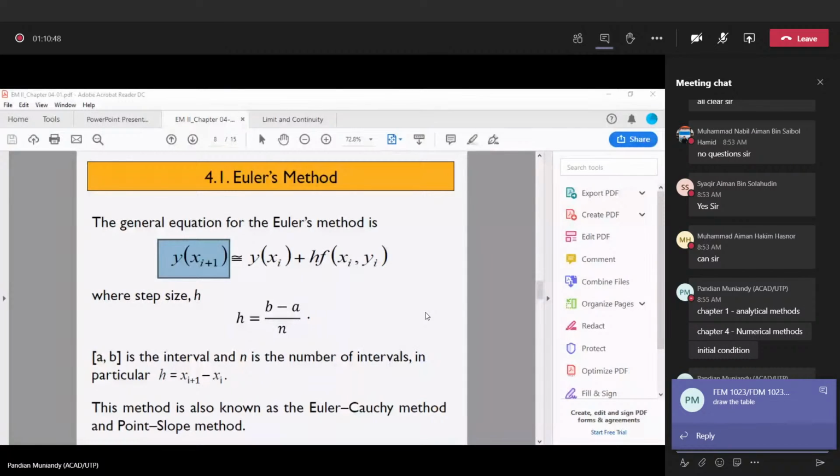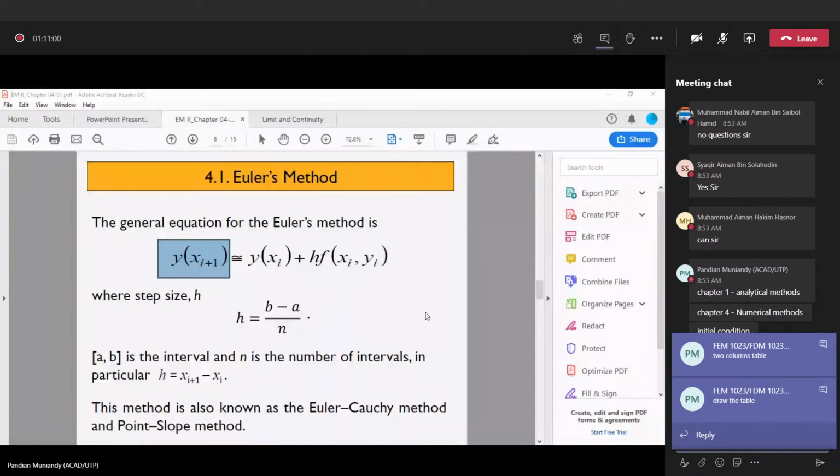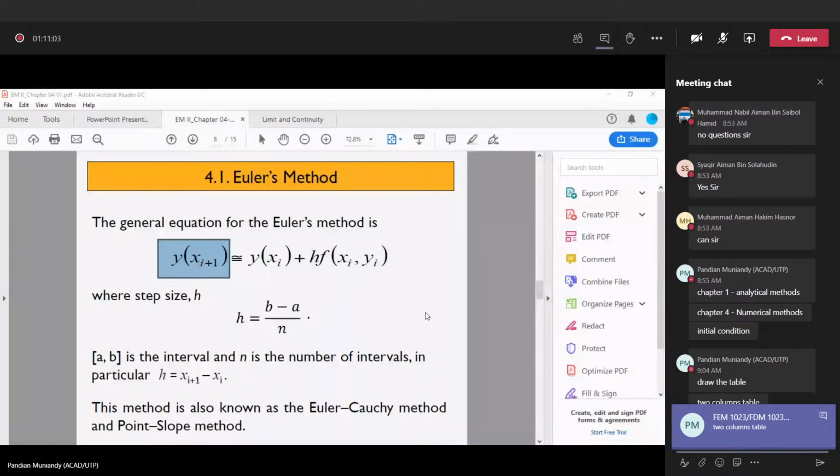So this is a two columns table. So what is the first column? First column, you put x_i, and the second column, y_i. So you can create the x values and y values. A few iterations, at least 3 or 4 iterations. More iterations, much better.